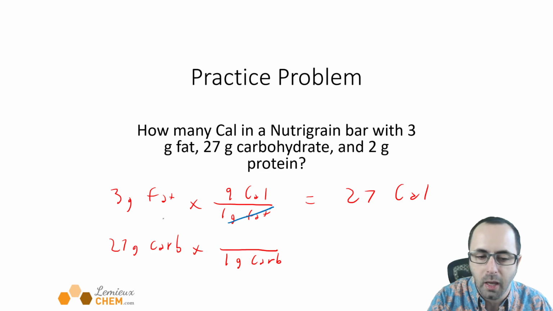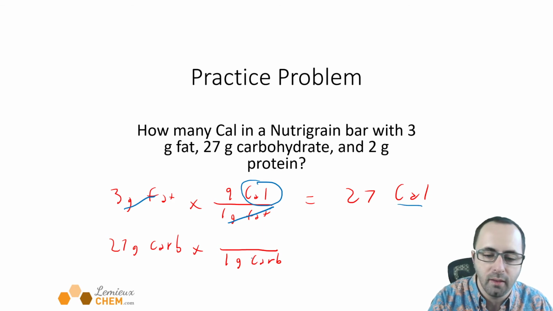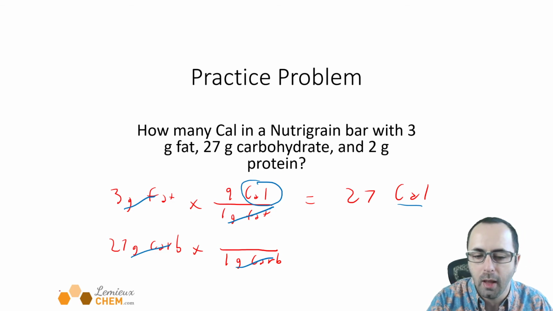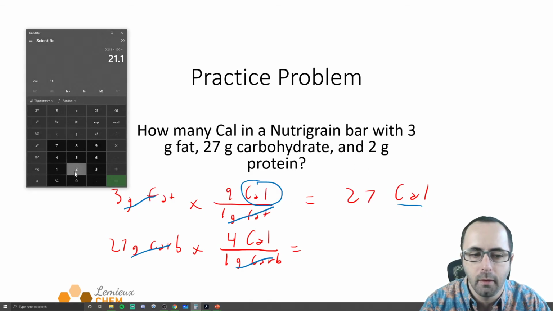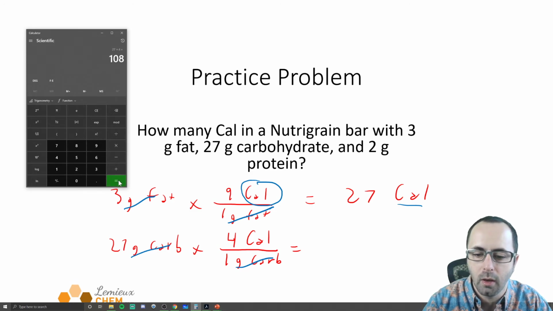I make sure that my old unit cancels and I get calories, which is the unit I want, right? Same thing here. This cancels. Just make sure the other side of my conversion factor is correct. Should be 1 gram of carbs gives you 4 calories. Okay. And so we'll have 27 times 4. 27 times 4 equals 108.